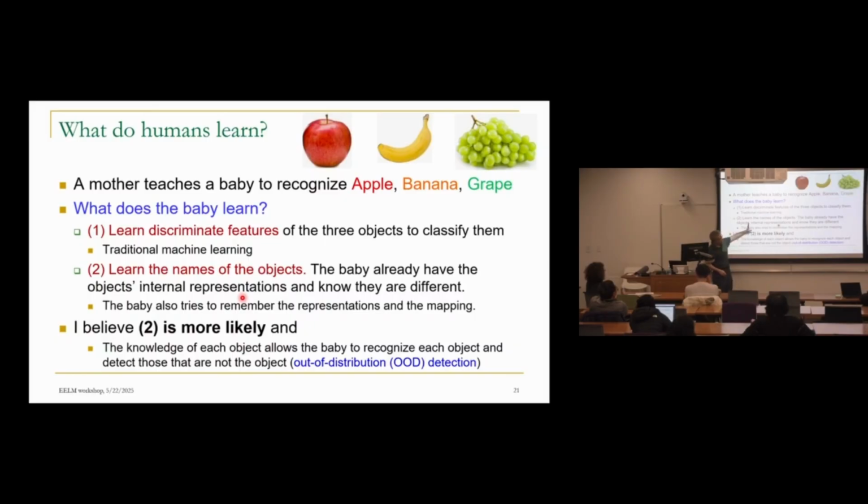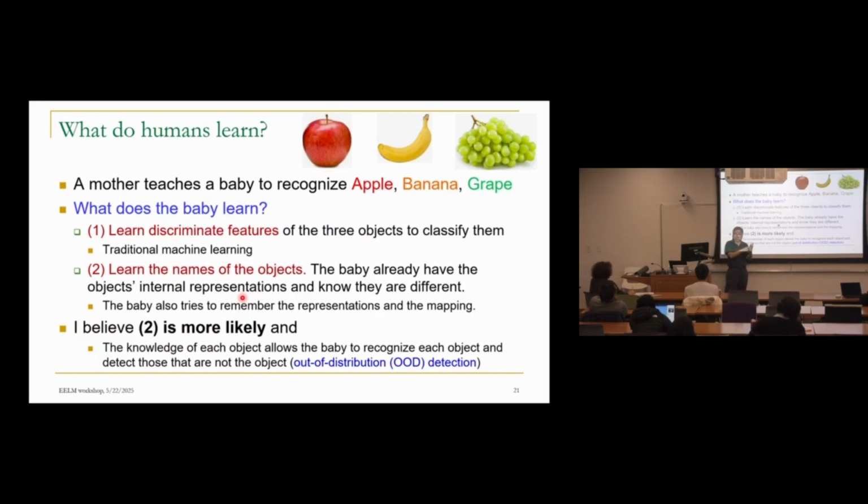If I give you these three types of fruits, imagine a baby starting to learn to recognize these things. The mother shows a picture book: this is the apple, this is the banana, these are grapes.